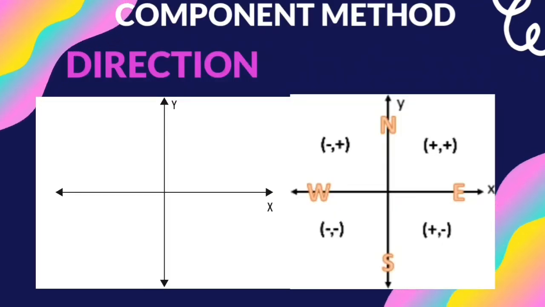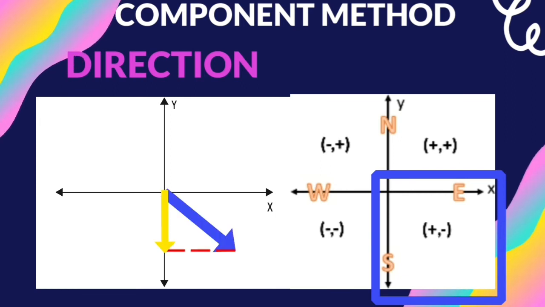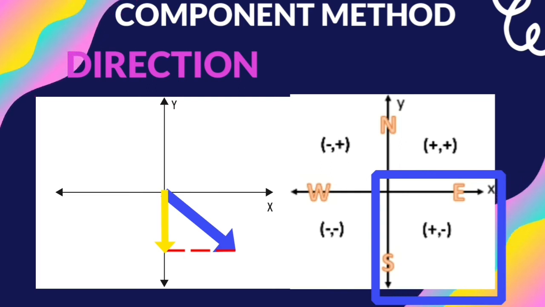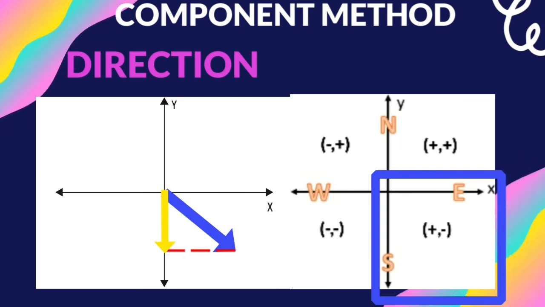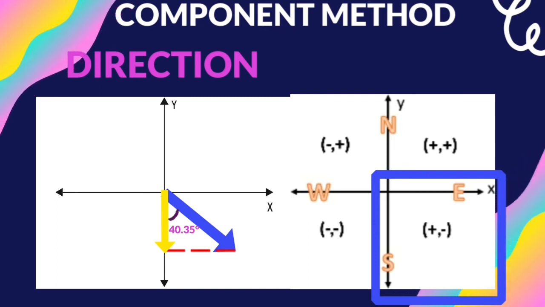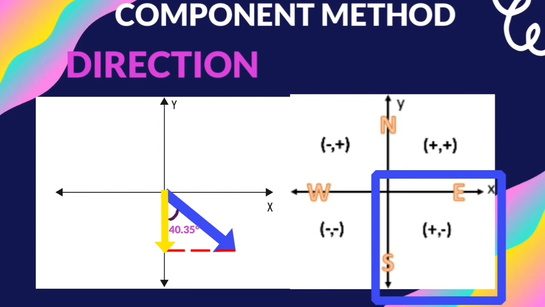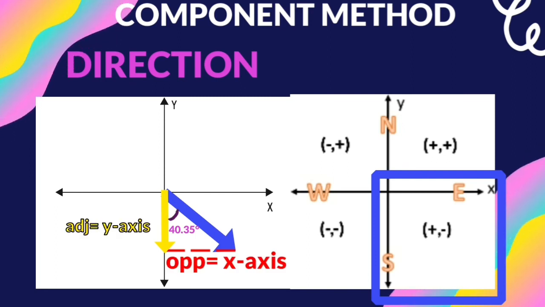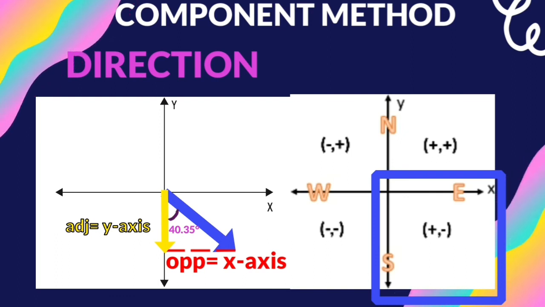For the direction east of south, the resultant vector is 8.28 meters, so that our angle theta is 40.35 degrees. It started from the south, then went to the east, and our angle theta was 40.35 degrees. The imaginary line is the opposite side on the x-axis and the adjacent side is on the y-axis.